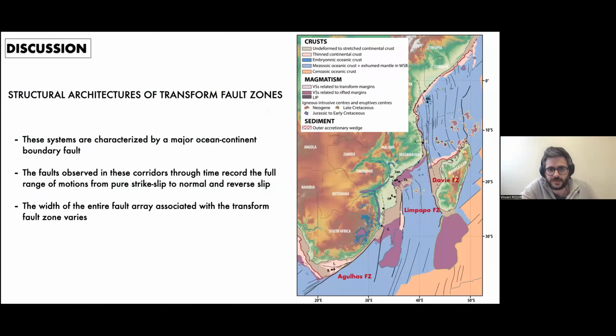We have approximately between 5 and 10 seismic lines, so it's quite nice, and we can see this variability, which is quite important, because most of the previous studies just use 1 or 2 seismic lines, and there is a big gap in between these 2 lines. But this is not really the case in the Limpopo and in the Davie case just there.